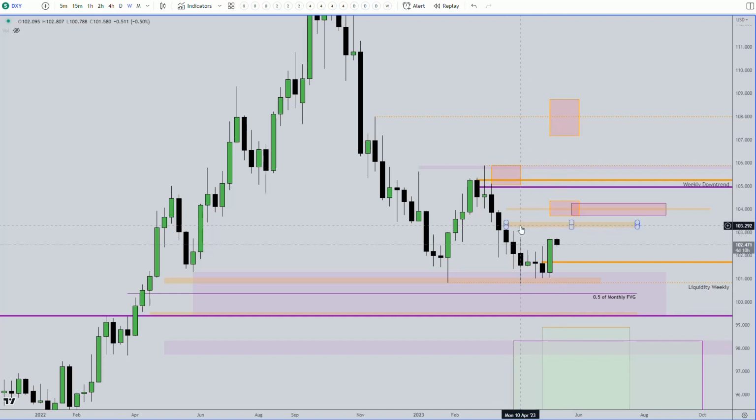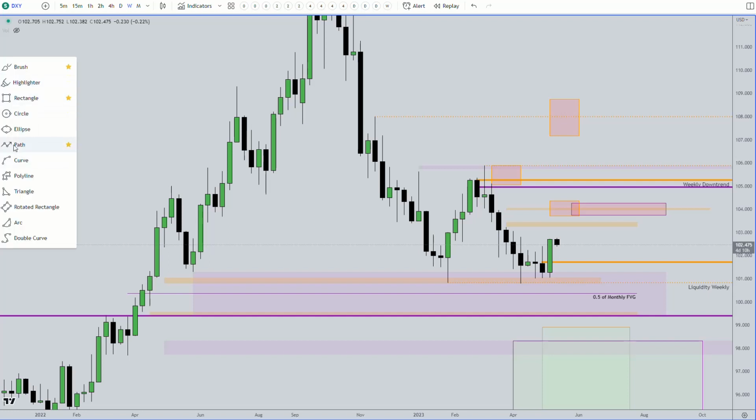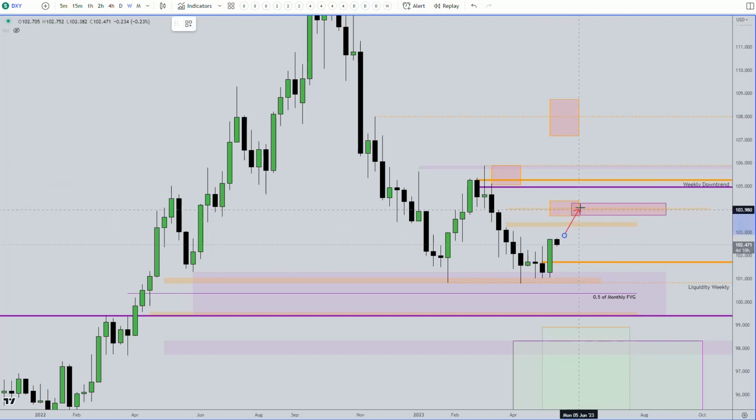Well, you see this weekly fair value gap starting at around 103.25, and you have another fair value gap starting at around 104 roughly, lining up nicely with a weekly bearish and monthly bearish target box. In other words, you should absolutely expect price to try and get up there before potentially pulling back again.